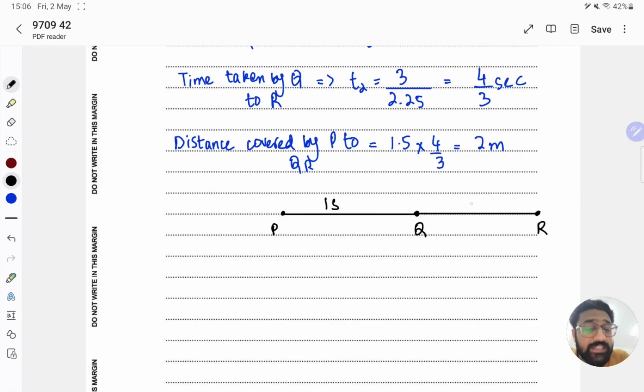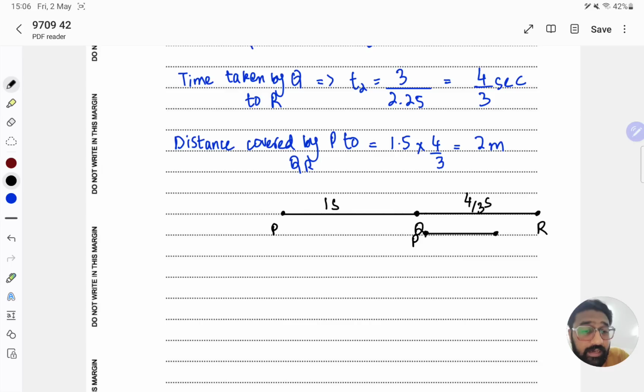The time that has been taken for Q to reach R is 4/3 seconds. In the meantime, P was also traveling, and P has traveled a total distance of 2 meters.